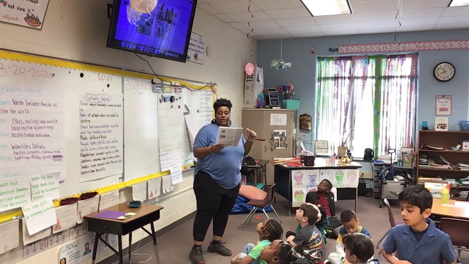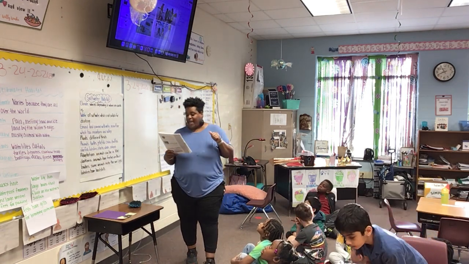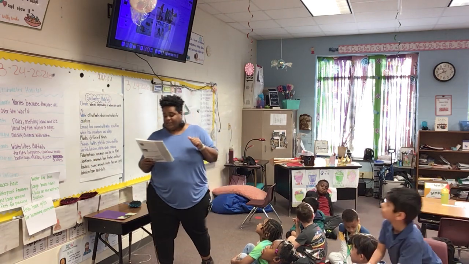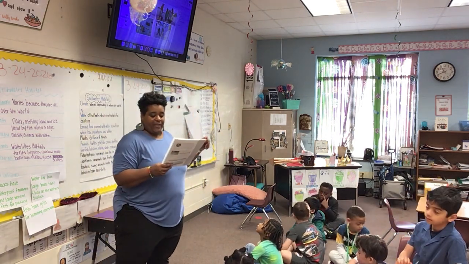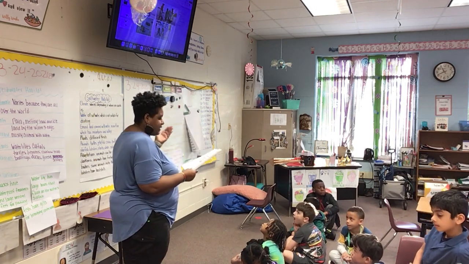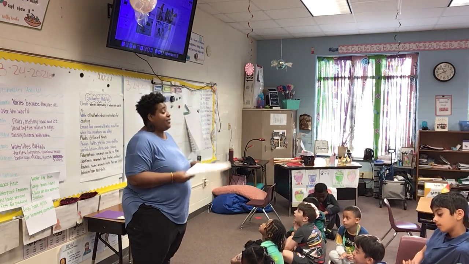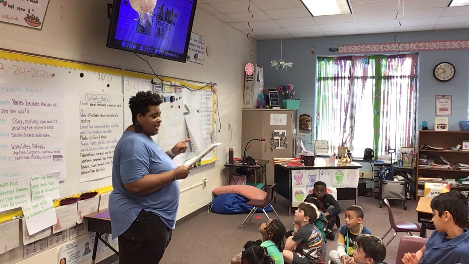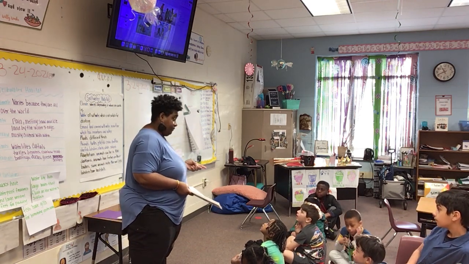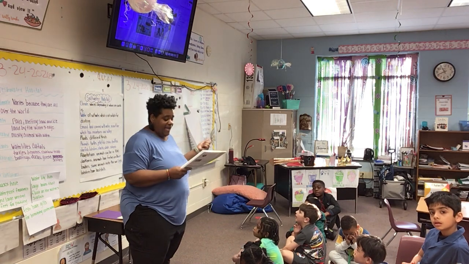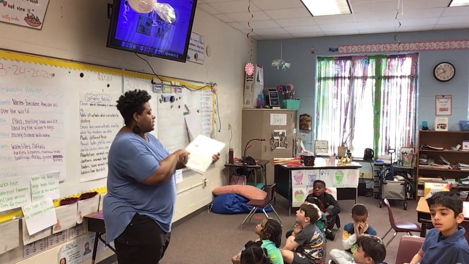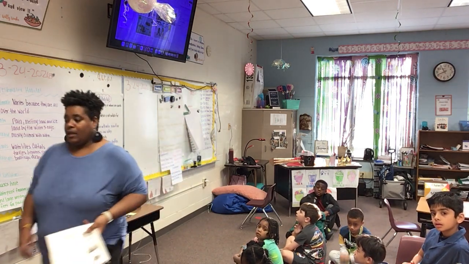Now we're going to learn about another kind of water habitat, a saltwater habitat. Saltwater habitats, as you could guess from their name, contain lots of salt. This means that we can't use this water for drinking. Can we use fresh water for drinking? Yes, but we cannot use salt water for drinking. Okay?